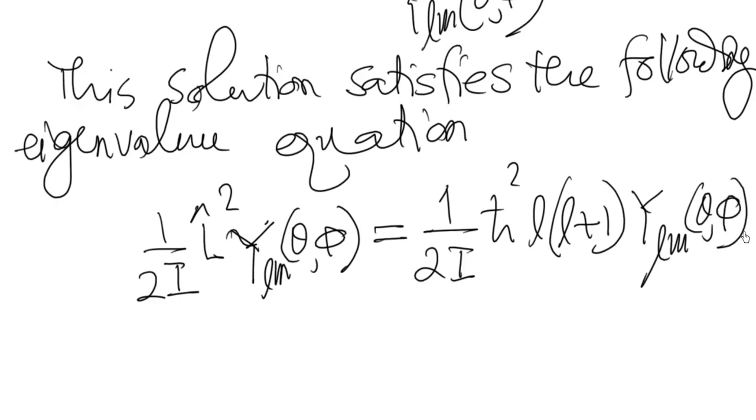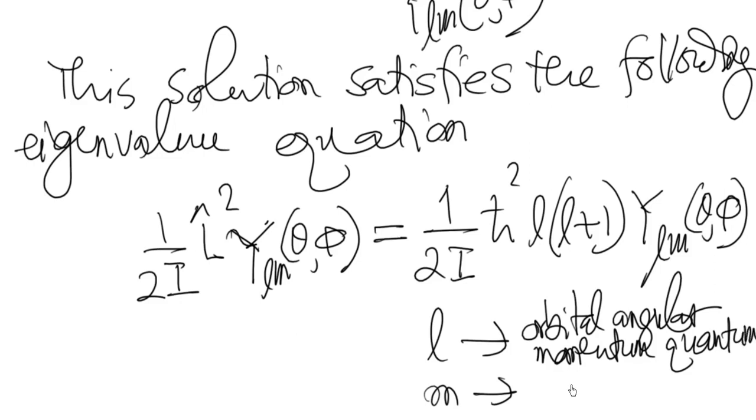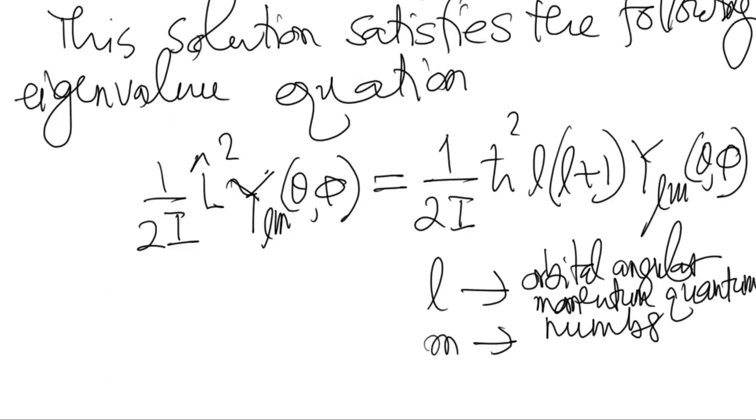We note that the energy does not depend on the magnetic quantum number small m. L is the orbital angular momentum quantum number, and m is known as the magnetic quantum number.